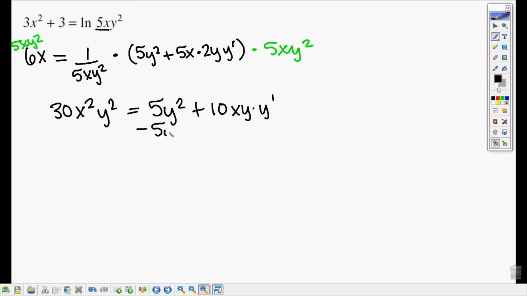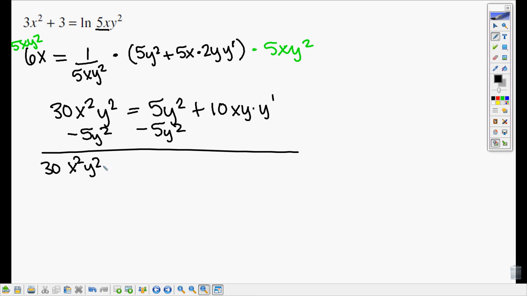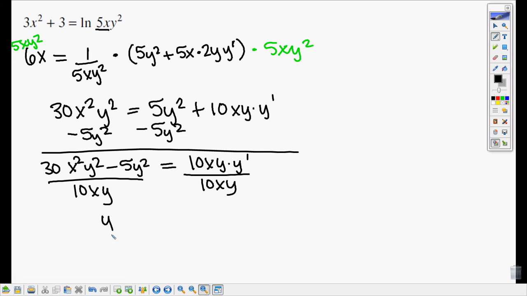So I'm going to subtract 5y squared on both sides. So I have 30x squared y squared minus 5y squared is equal to 10xy times y prime. So I'm going to get that away from my y prime. So I have y prime is equal to 30x squared y squared minus 5y squared over 10xy.